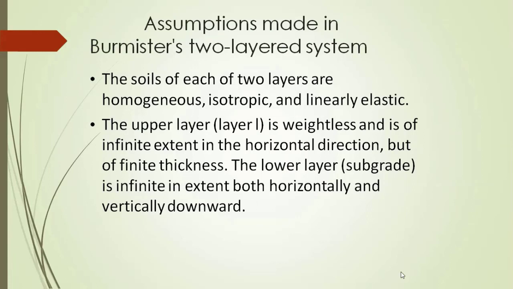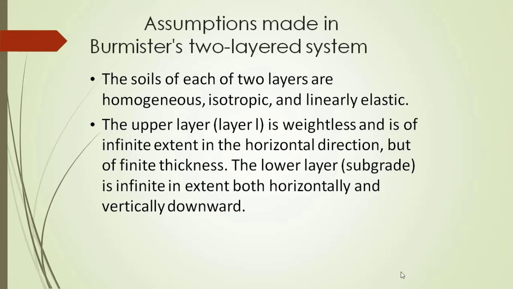The very first assumption is that the materials in the pavement layers are isotropic, homogeneous and elastic. The pavement forms a stiffer reinforcing layer having a modulus of elasticity higher than that of the underlying subgrade in a two-layer system.